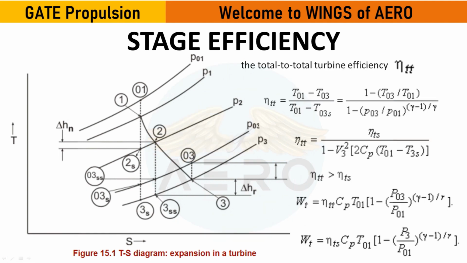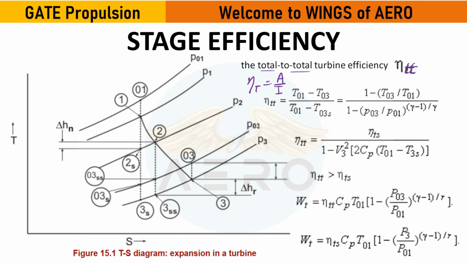Next we have total to total turbine efficiency. Please let me know, can you see my screen? Yes, ma'am. Okay, fine. Now in total to total we define eta suffix TT. Efficiency again means actual by ideal.